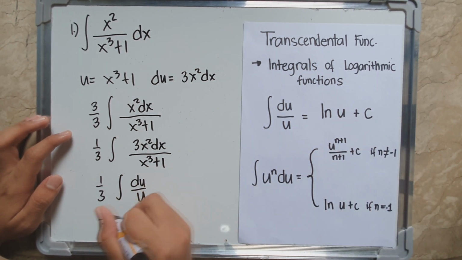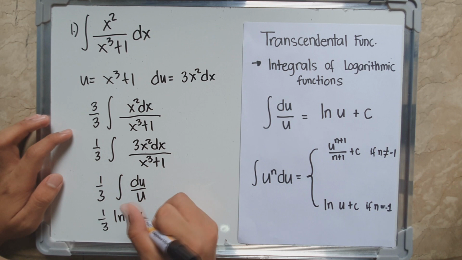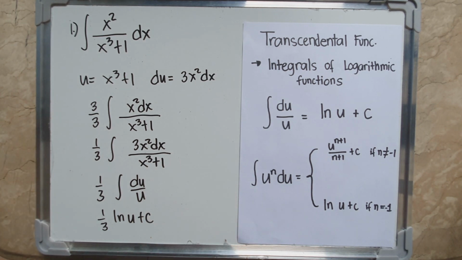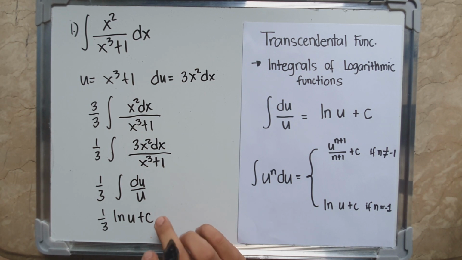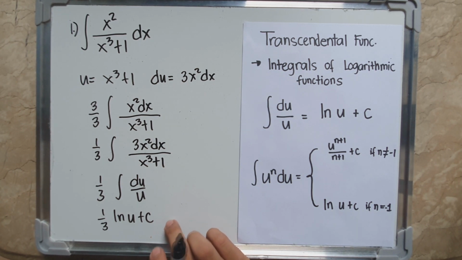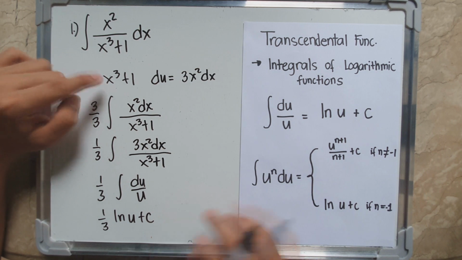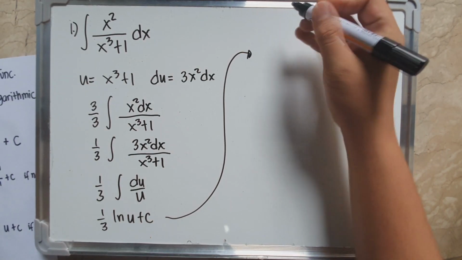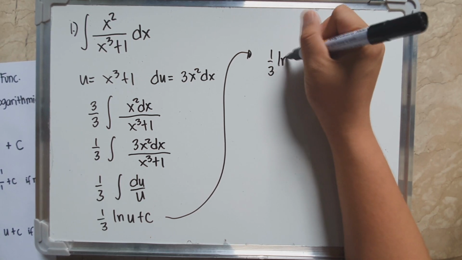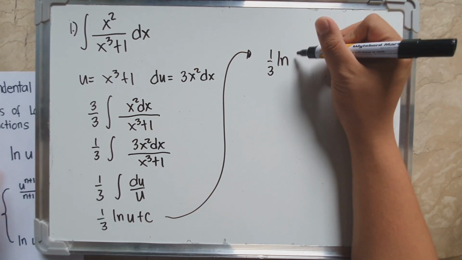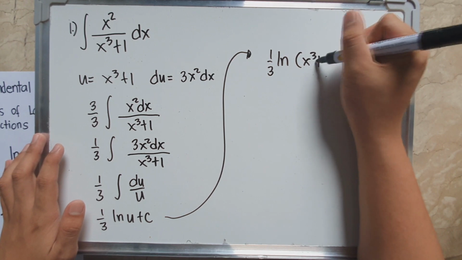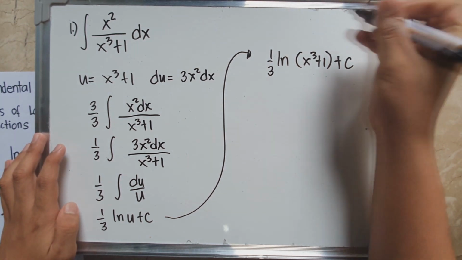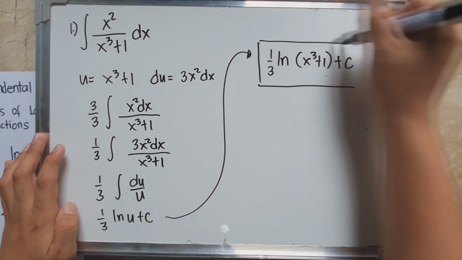So you have 1/3 ln of u plus c. What is the value of the u? We substitute back the value of the u. So for the final answer, we have 1/3 ln of x cubed plus 1 plus c. So this is our final answer.